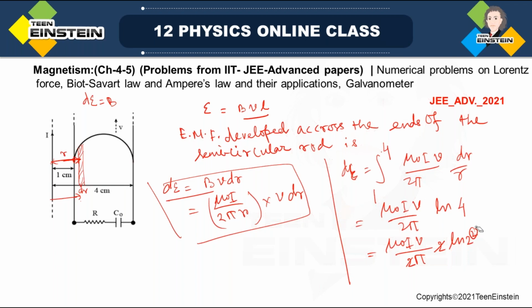So I'm writing this as only ln2. So we have got the EMF. What is the EMF developed across the ends of the rod? That is mu0 I V by pi into ln2.